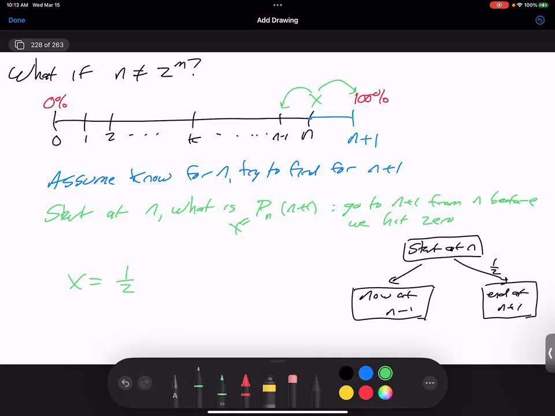Now, of course, what could happen at n minus 1? So I'm at n minus 1. What could happen next? I could go to n minus 2, or what else could happen? Back to n. Is there any way I can get to n plus 1 without going through n? So what's the probability if I'm at n minus 1, I hit n before I hit 0?